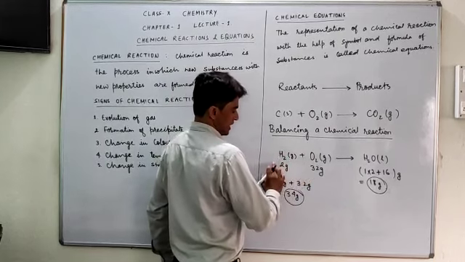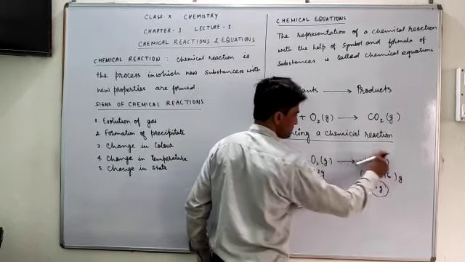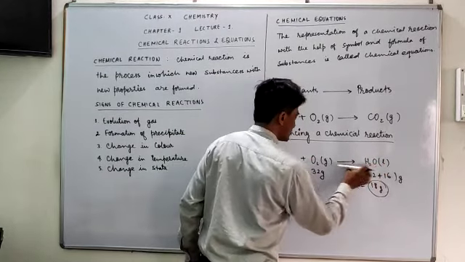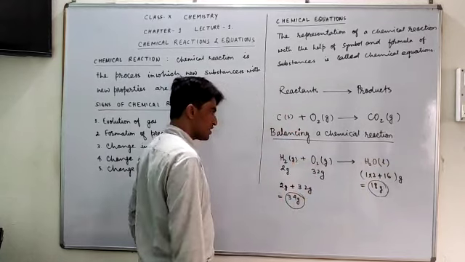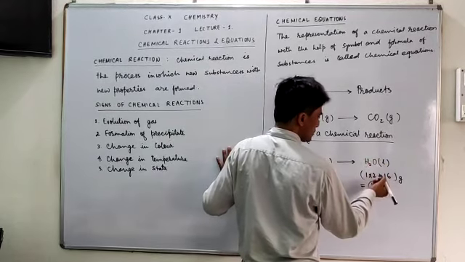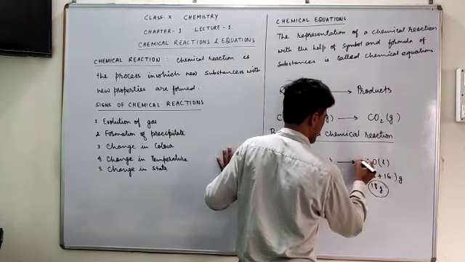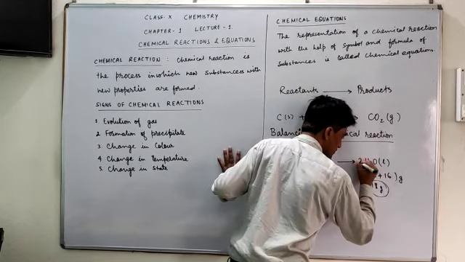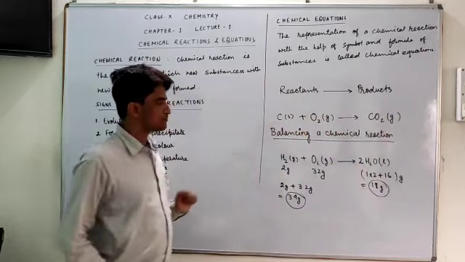It means if we want to balance the number of oxygen atoms on both sides, reactant and product side, we should write 2. 2 is the smallest digit for balancing this reaction, before the formula of water.